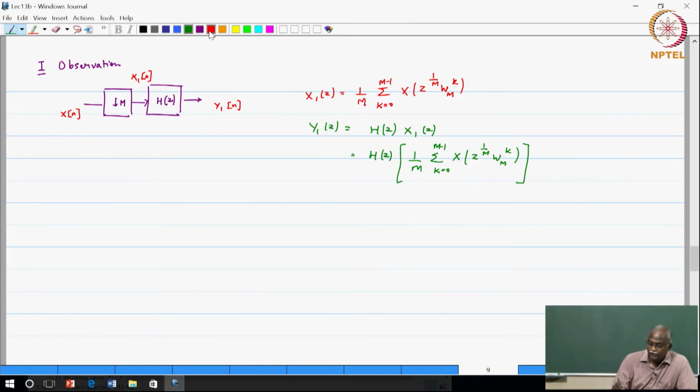Now I would like you to focus on another structure where I have the same input x(n), but this time I am going to modify my filter to H(z^M). If I give you an H(z) which is a low pass filter, what will H(z^M) be?